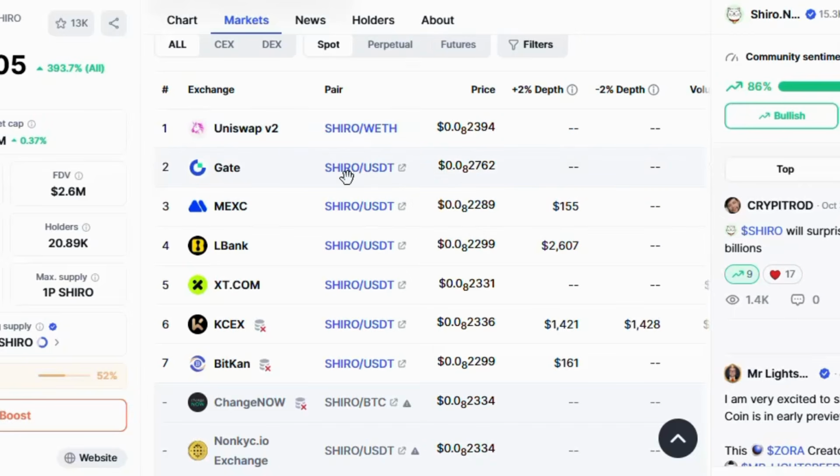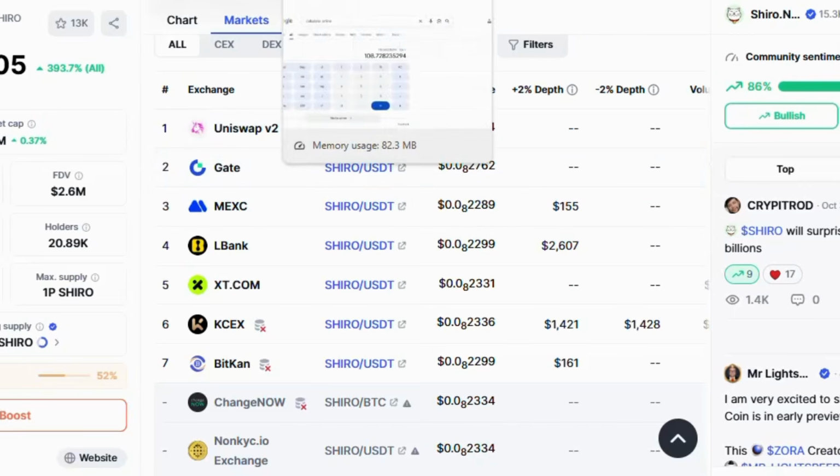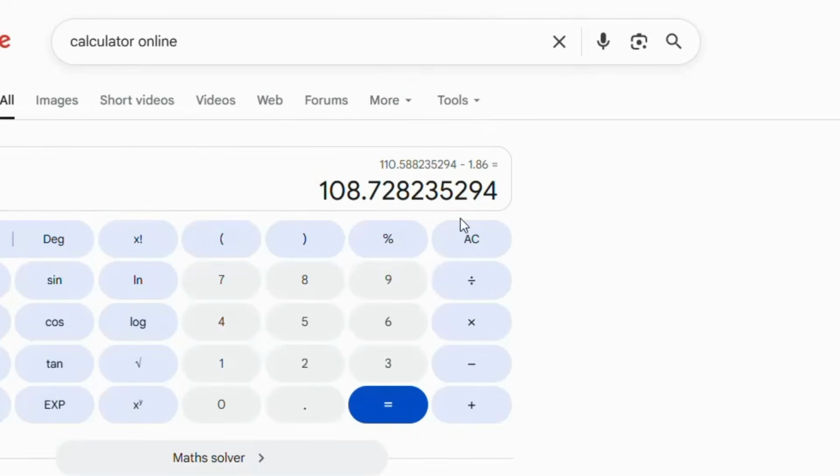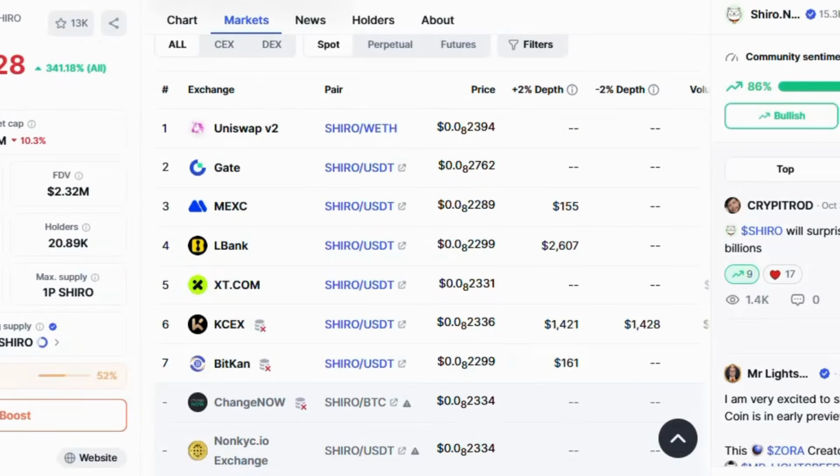Okay, so I'm going to come straight to my online calculator and let's do some new maths. Use your simulated 100. You have to test these things before you start doing anything. This is taking time to do your own research. So MEXC 0.082289.